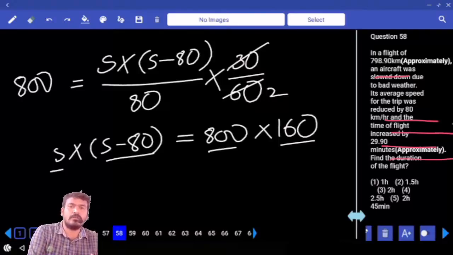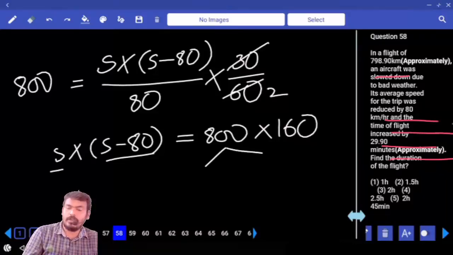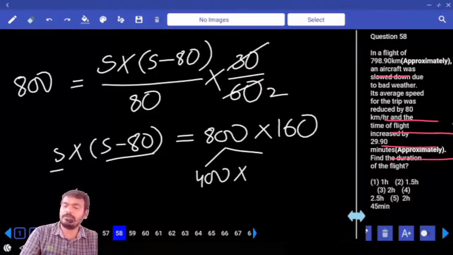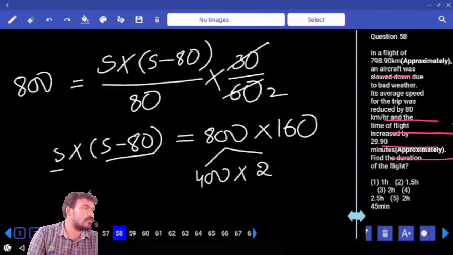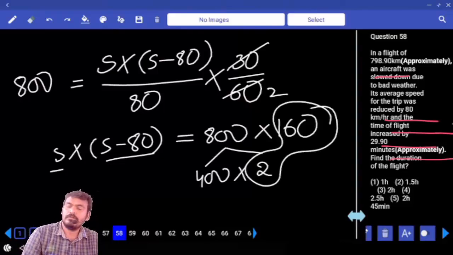Almost 640, or not? What is half of the 800? 400. 800 means we write 400 into 2, or not? 400 into 2. 2 into 160. 320, or not? What is the difference between 400 and 320? 80, or not?